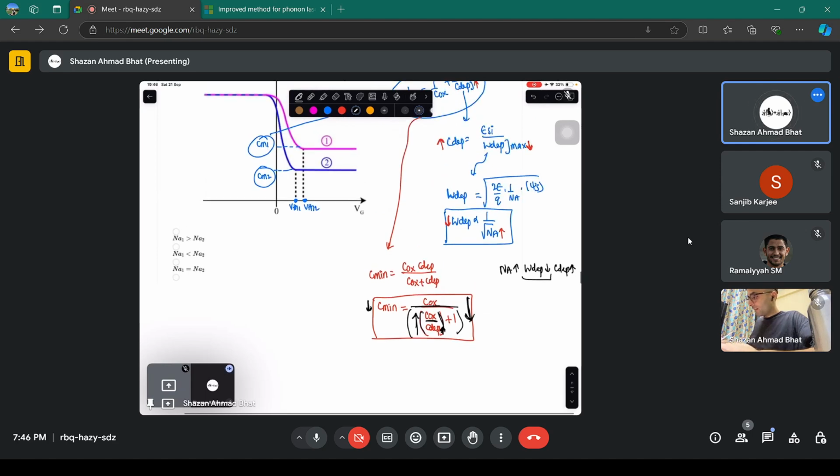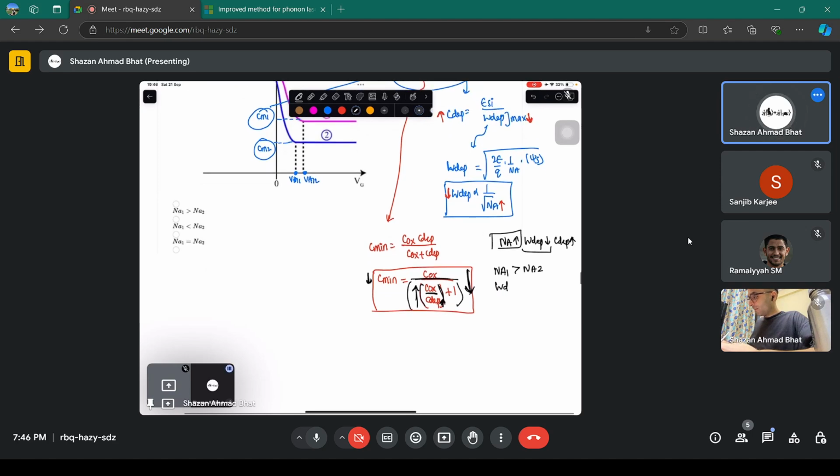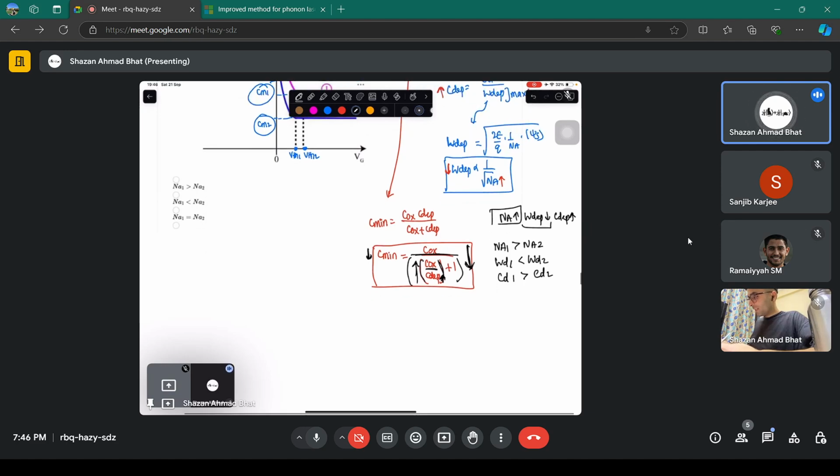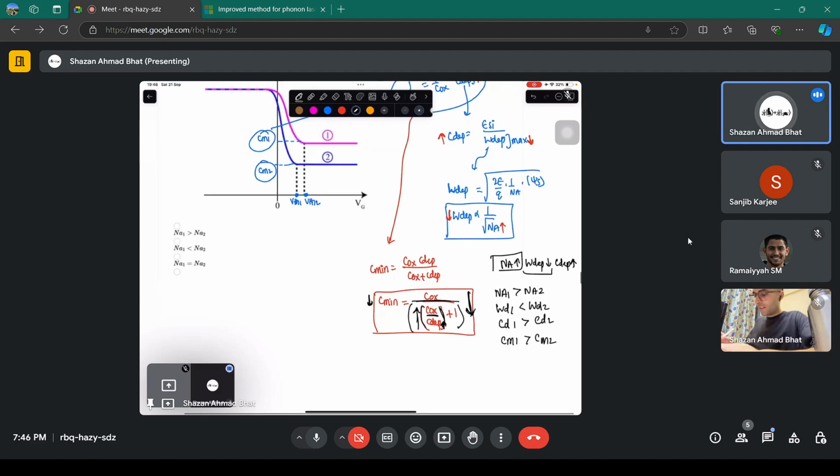That means, if Na1 is greater than Na2, then WD1 is less than WD2. That means CD1 is greater than CD2. That means C min 1 is greater than C min 2.